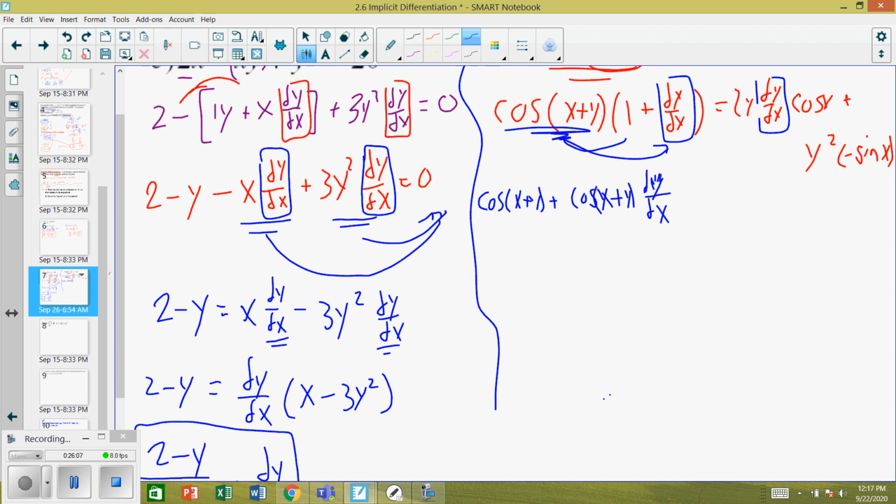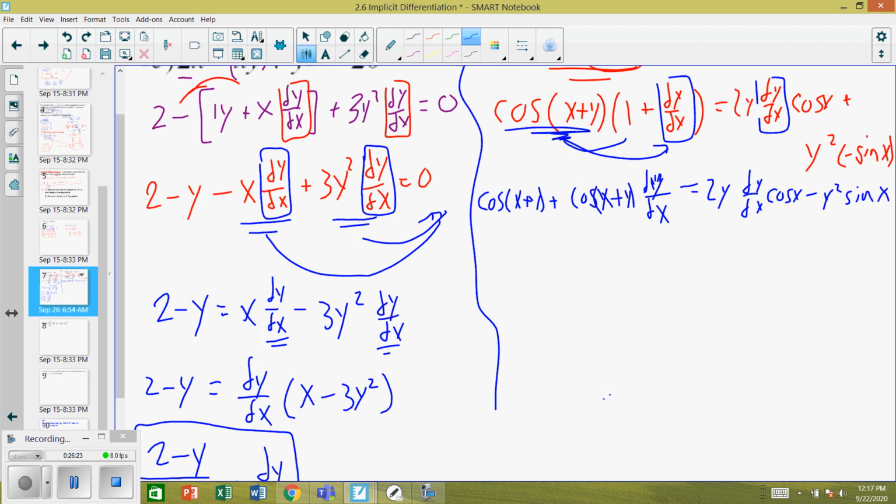When I distribute that, it equals 2y dy over dx cosine x, and minus y squared sine of x.